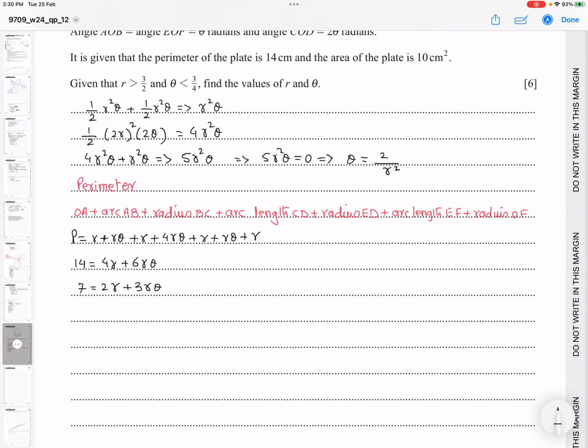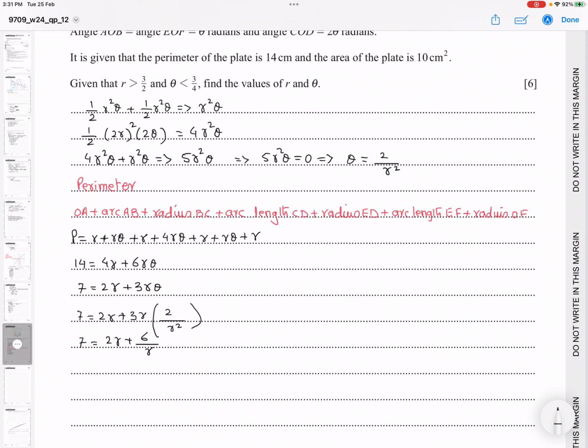So can I write 7 equals 2r plus 3r times, in theta I am going to write 2 over r square. Now from here 1r will be less, so 7 equals 2r plus 6 over r.